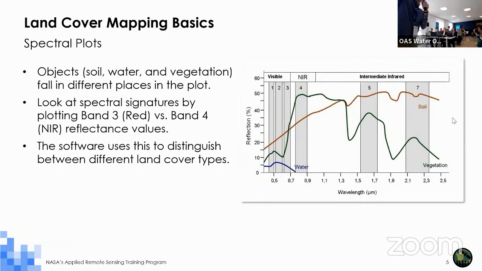And then we can see here with the water, it's much more reflective in the blue and the green, but then it drops off in the red, and it's near nothing in near infrared because so much of that light is being absorbed. And that's why typically water is blue and green, and so on and so forth. We can see soil, especially in the shortwave infrared, is very reflective. And even the humidity within that soil affects how reflective it is. So drier soil is more reflective than humid soil. So these are just different ways of assessing different land cover types.